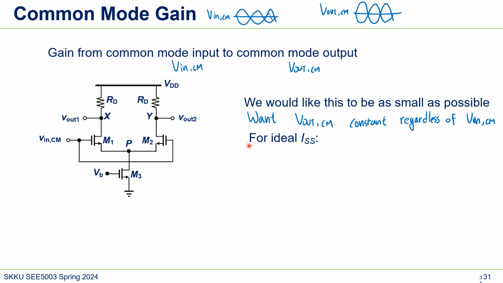So for ideal ISS, the common mode gain, which is delta V out CM over delta V in CM, is 0. First of all, ideal ISS, what does it mean? Ideal ISS means there's no channel length modulation.